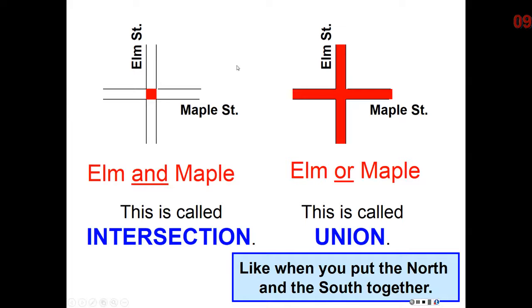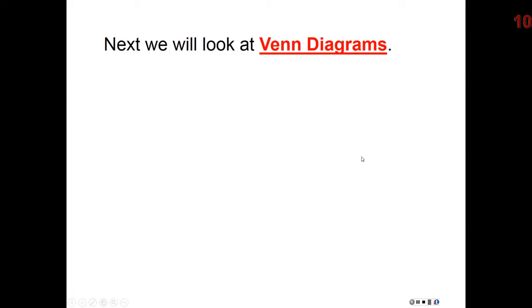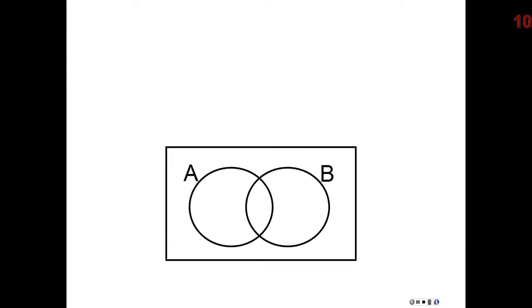All right. So or is a union, and one or the other or both are true. The next thing is just showing you about Venn diagrams. In a Venn diagram, the box represents the entire sample space.